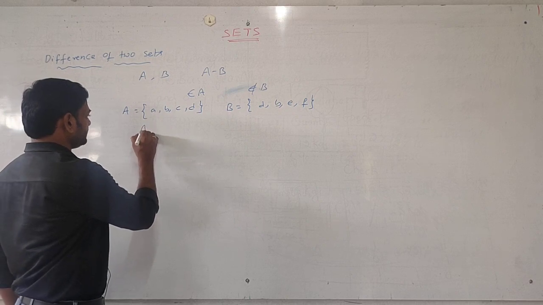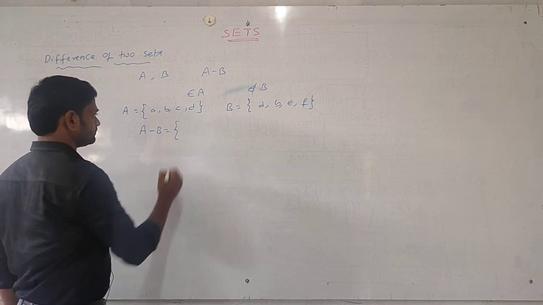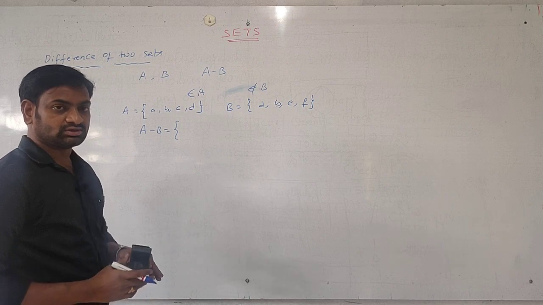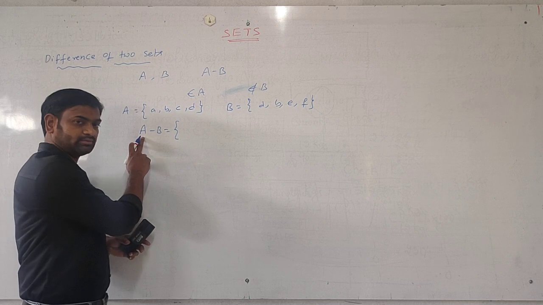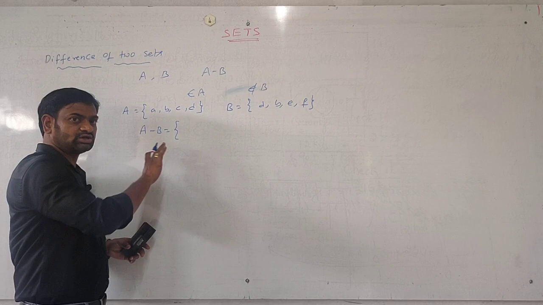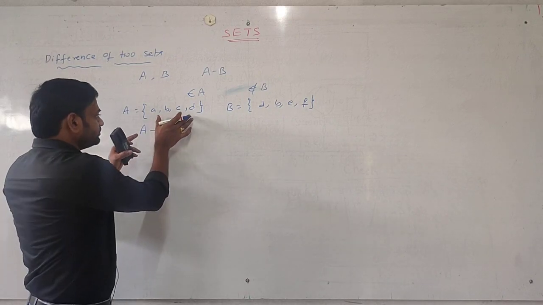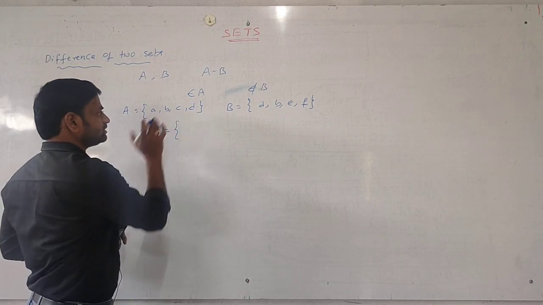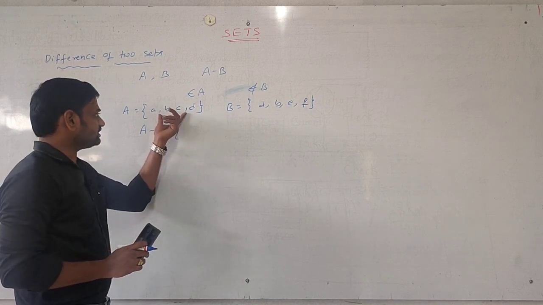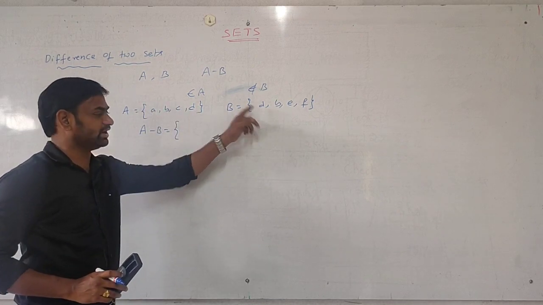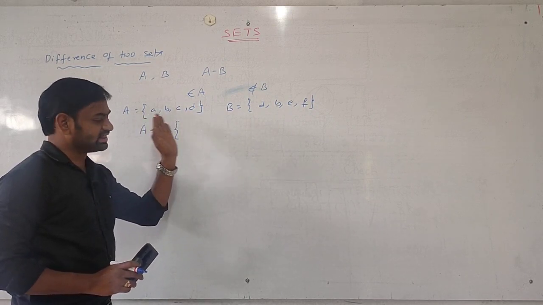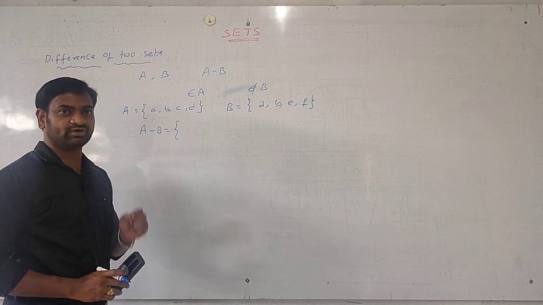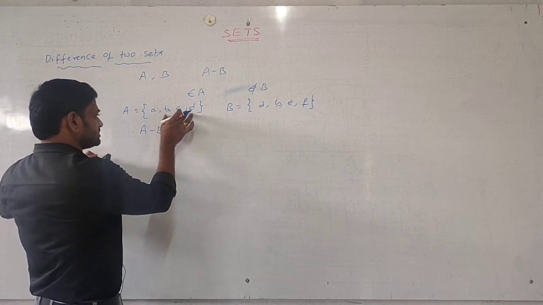Now, I want to find A minus B. In A minus B, the elements belong to A, not belonging to B. That means from the A set, we have to delete B elements. From the A set, we have to cancel B elements, if any is there.